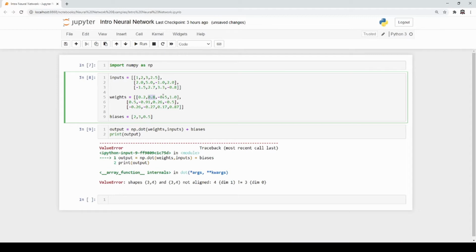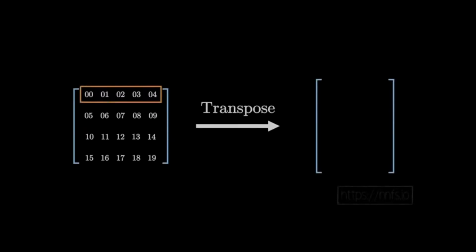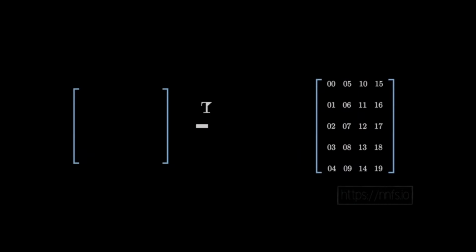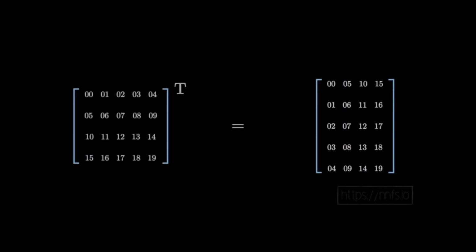We need to look at this from a couple of different ways. We have these two matrices, and we need to do something called a transpose. We need to reorder our columns and our rows in order to use this properly, because we want to move on to something else.